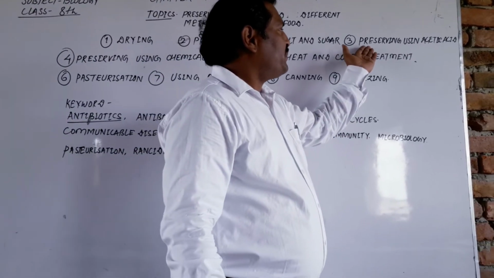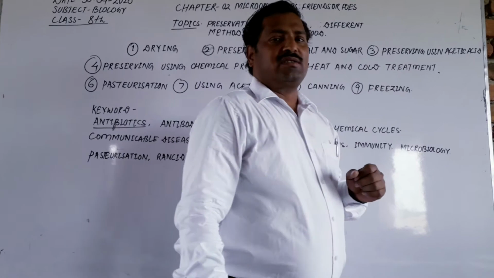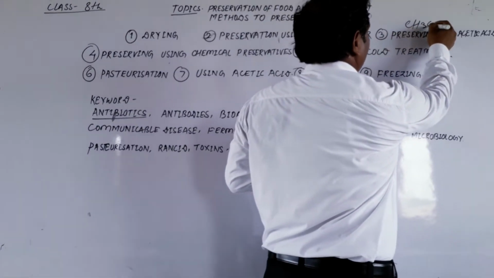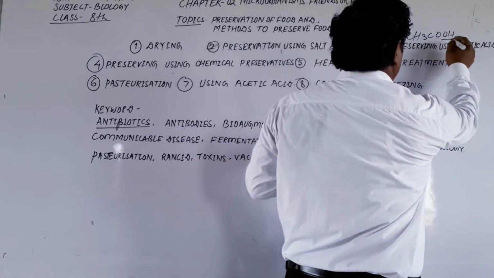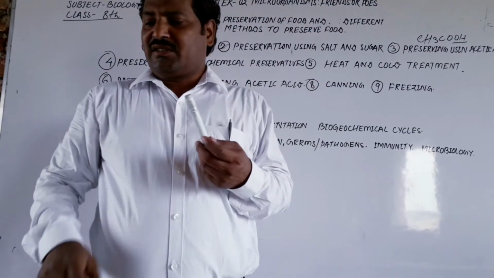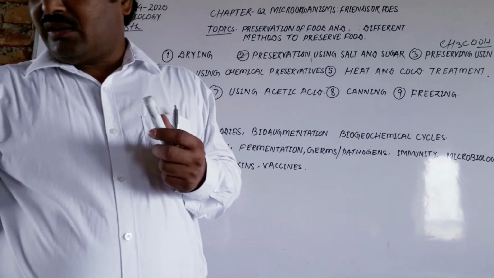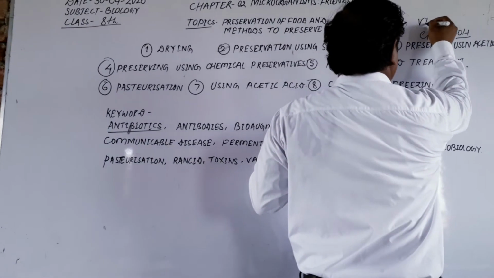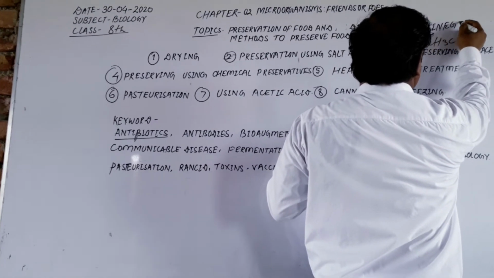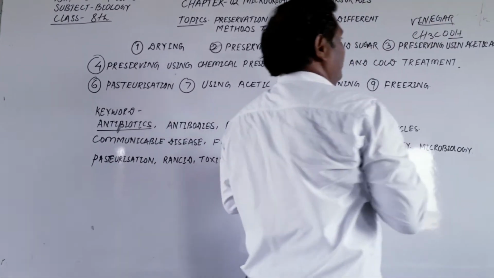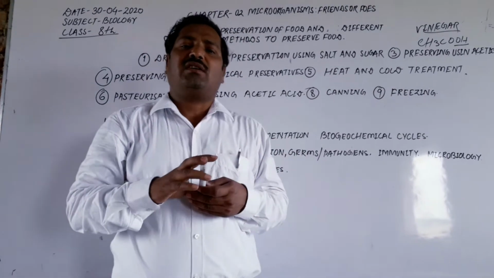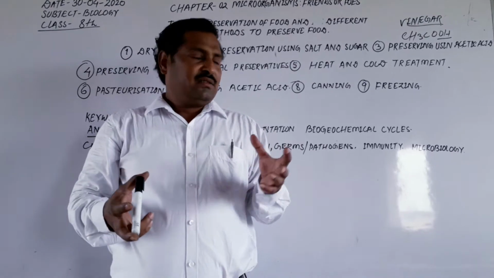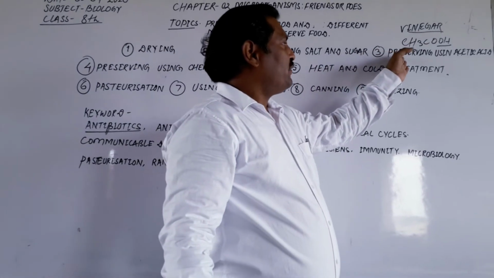And the third topic is preserving using acetic acid. Dear students, acetic acid is a chemical compound, CH3COOH. When we use acetic acid in food, the foods are preserved. Like vinegar, you know very well that vinegar is used. Vinegar is a kind of acetic acid. Vinegar is used to make pickles, such as mango pickles.